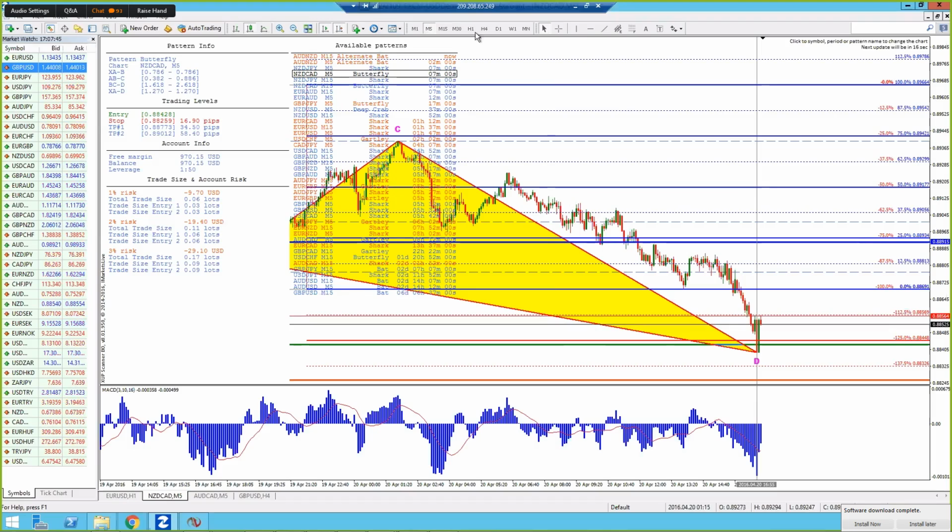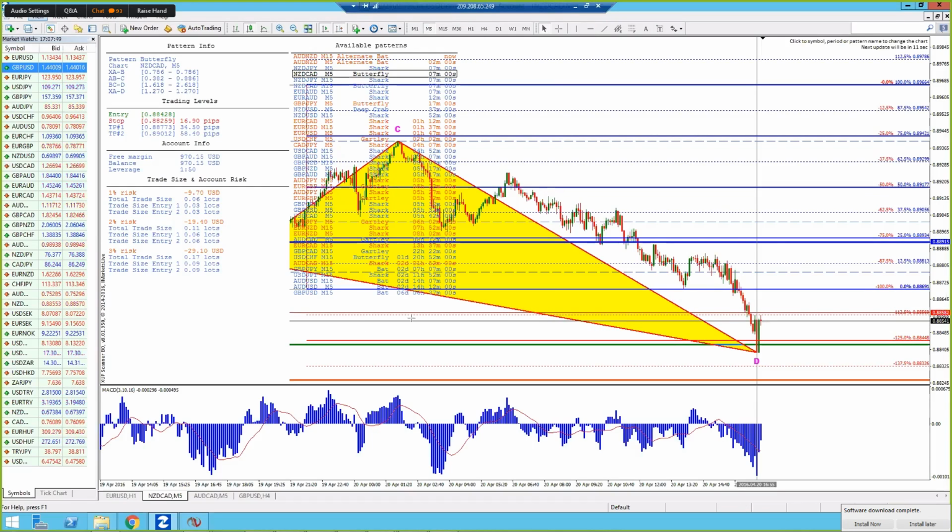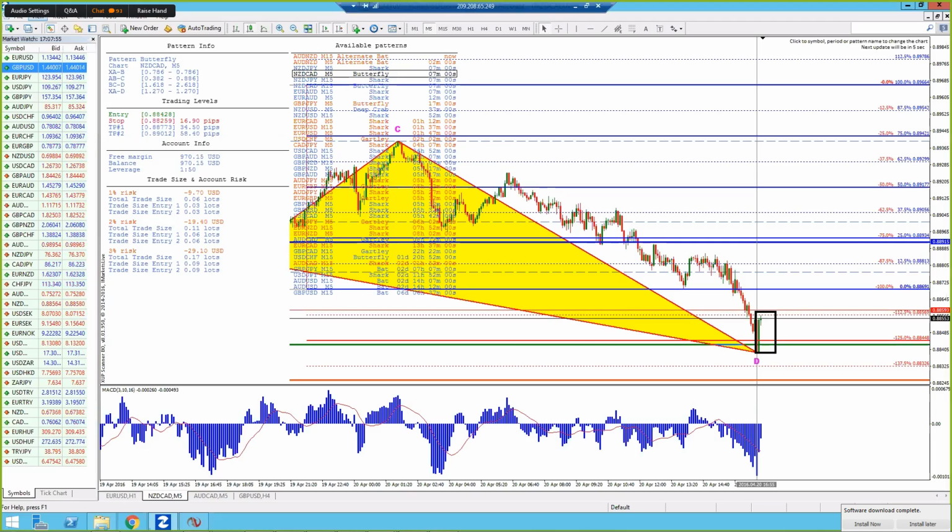So NZD-CAD, if you want to work a trade, you can work the buys on this market right down here. Yeah, I have all levels. Keep your stops below the market.